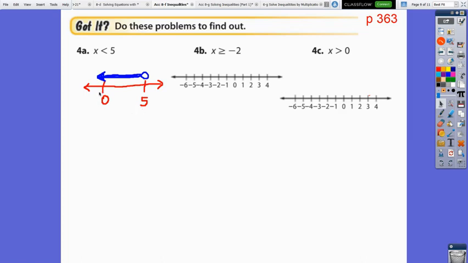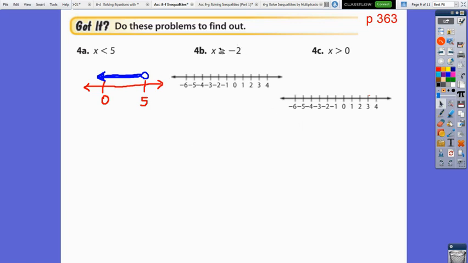That's enough. In fact, if you just wrote the 5, what I'm looking for is, is the open or closed circle correct, and is the arrow going in the correct direction? So X is less than 5 is an open circle at 5, covering numbers that are less than 5.